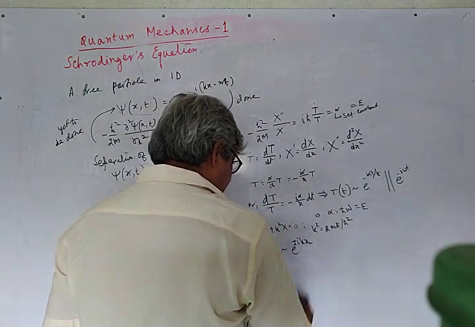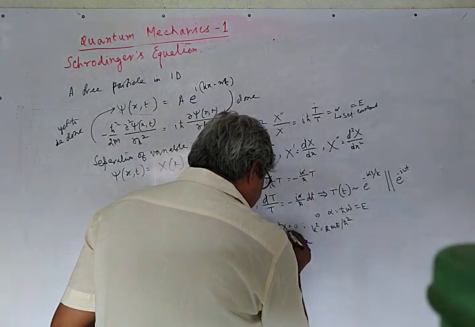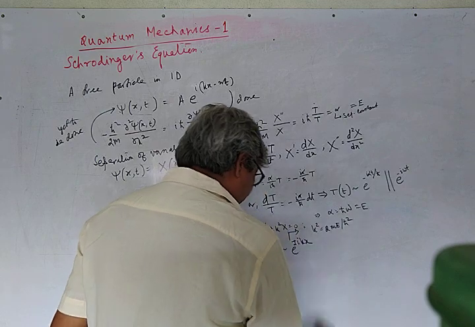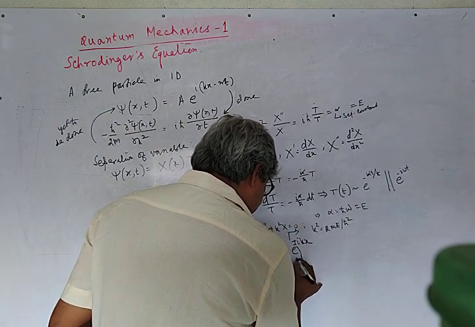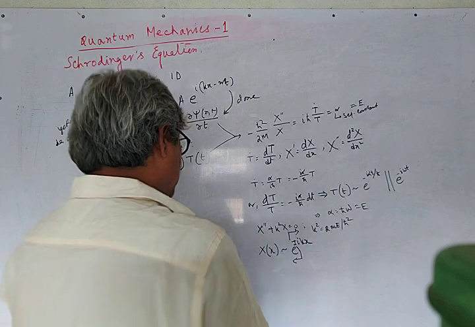The plus sign represents a wave traveling towards the positive x-axis, and the minus sign represents a wave traveling along the negative x-axis.